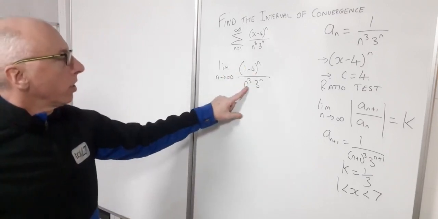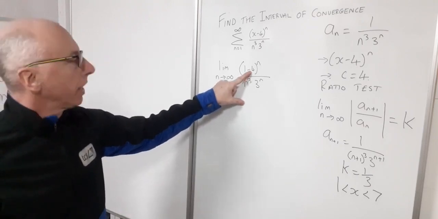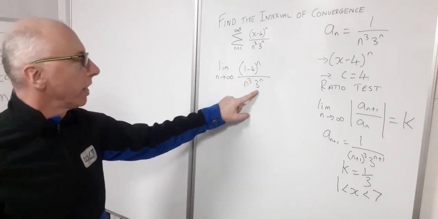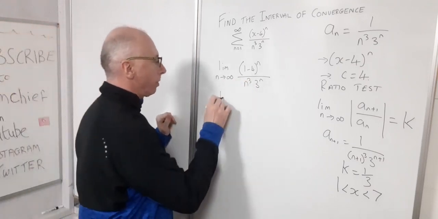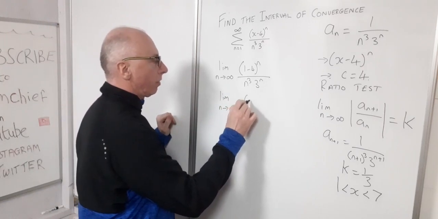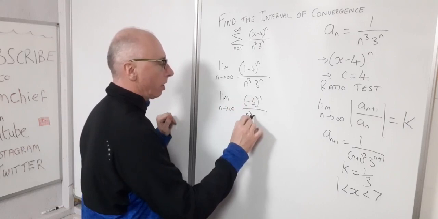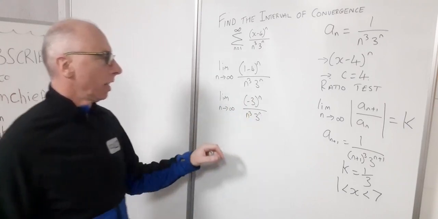Well, here we've got n cubed, and here we're going to have minus 3 to the n, and here we're going to have positive 3 to the n. So let's just simplify that now. So the limit as n approaches infinity of minus 3 to the n over n cubed 3 to the n.